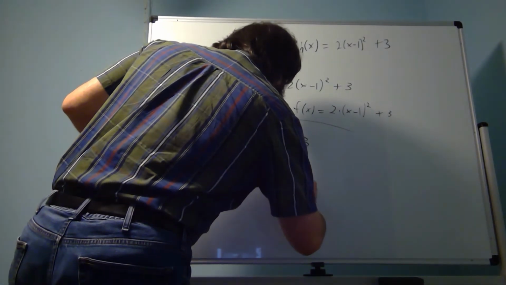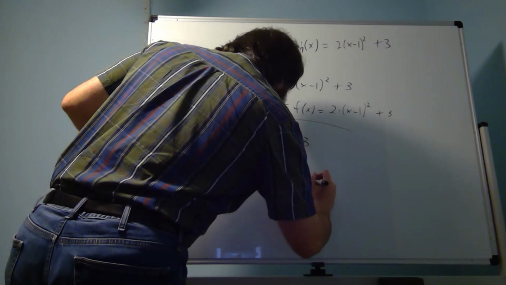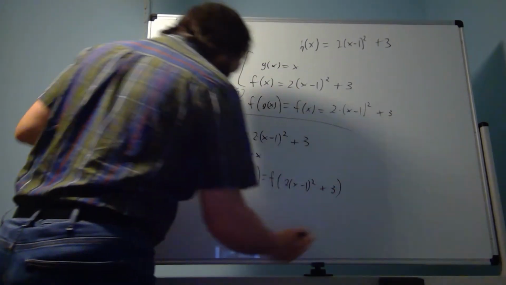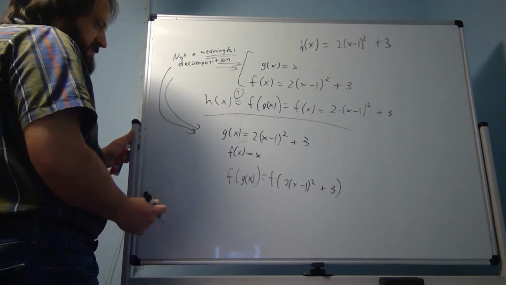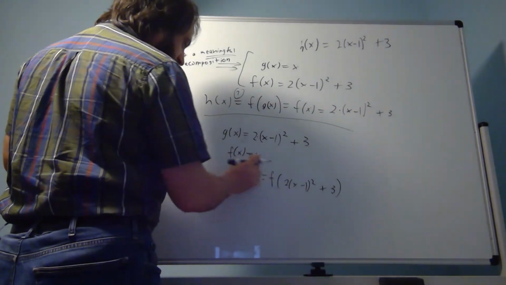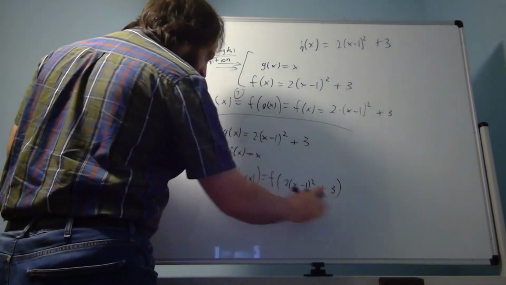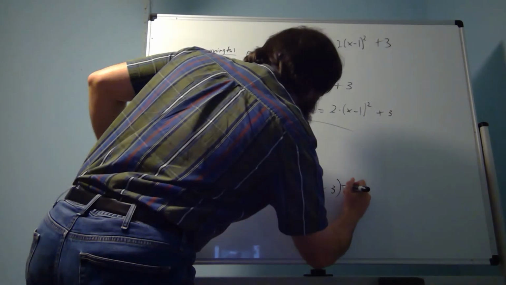Okay, so the inside function is all of this stuff here. The outside function, what does it do? You plug this whole expression into the input, and then it returns exactly the same thing.